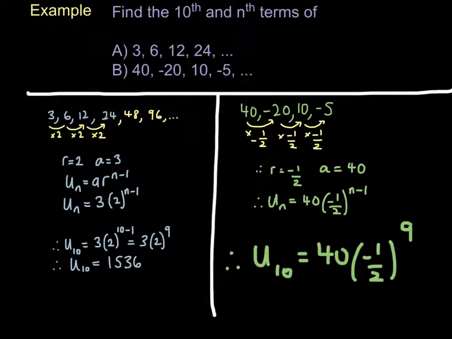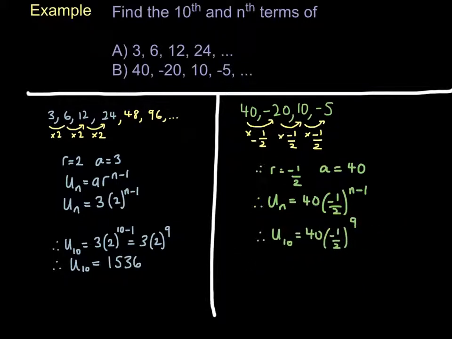Stick that into your calculator, and then you get your answer. So our 10th term is just going to be negative 5 over 64. Okay? Simple stuff.